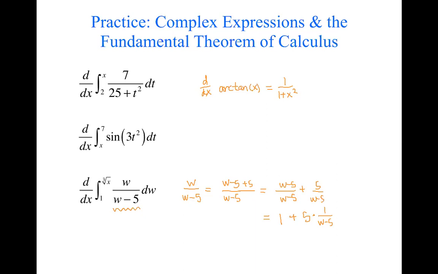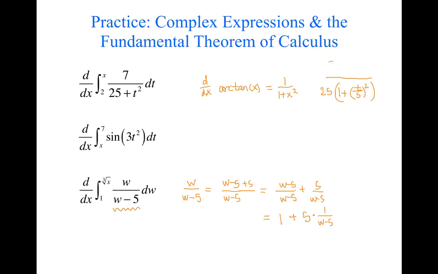Same thing here, this 7 over 25 plus t squared. Now, if I factor out a 25 from the denominator, just to show you what I mean by this, this would be the same: 25 plus, well, 25 multiplied onto t squared over 25. That's the same denominator there.